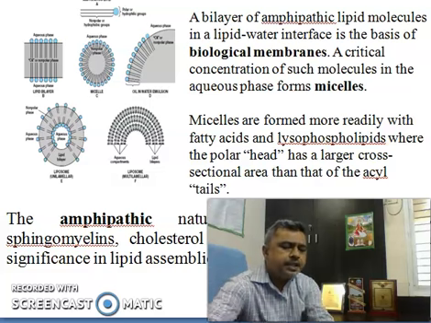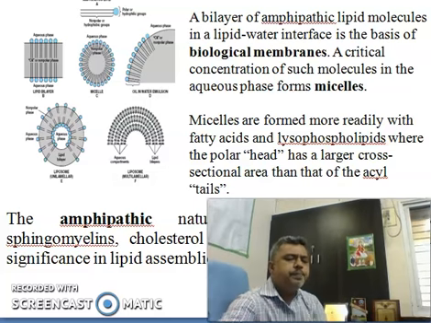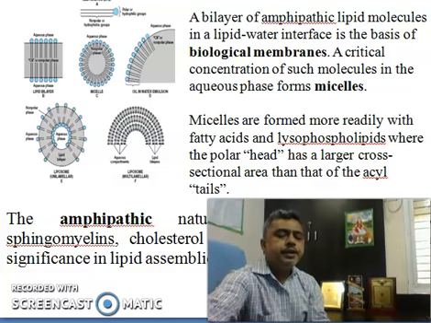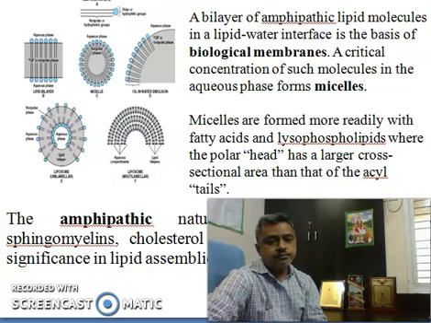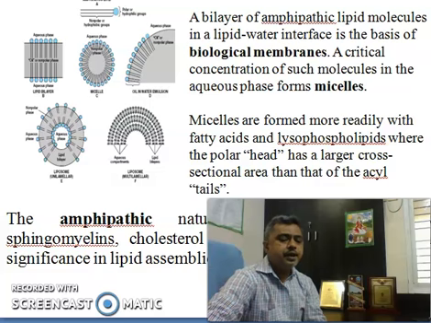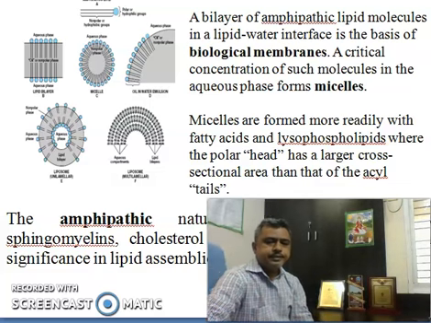Now, the amphipathic nature of phospholipid, sphingomyelin, cholesterol that is found in animal cells, and other lipids is of critical significance in lipid assembly.